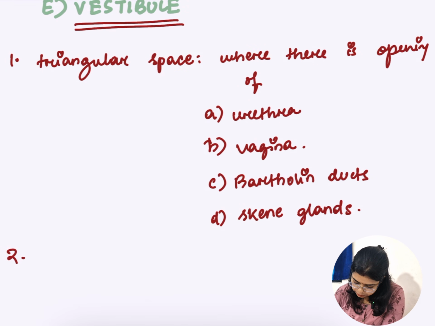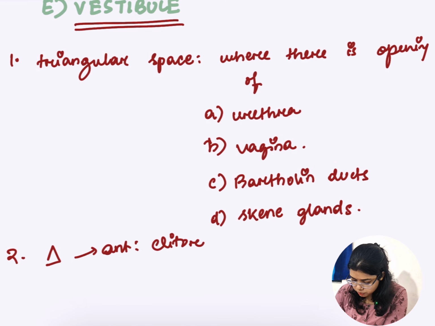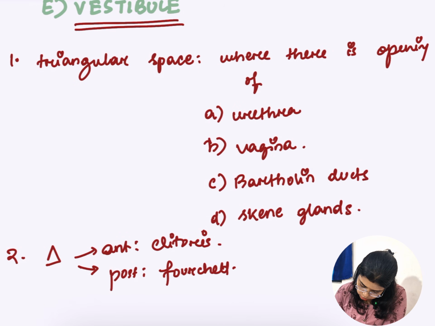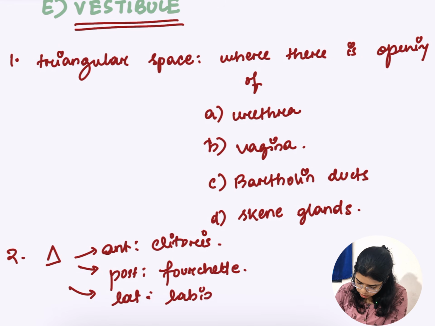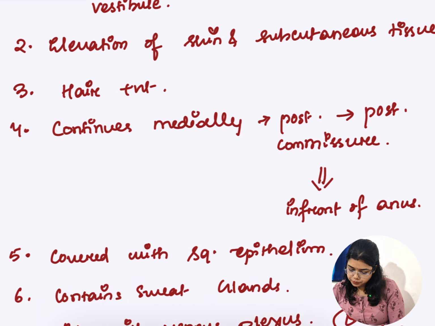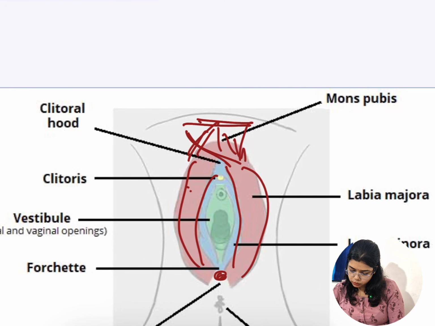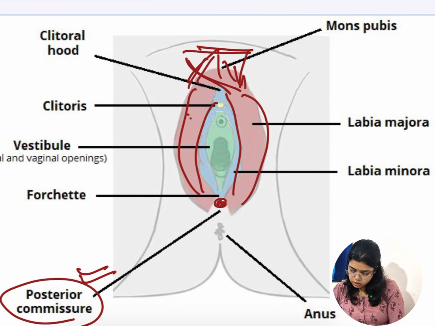Vestibule. This is the vestibule. And also let's see, it is a triangular space, okay. So anteriorly what is present? Clitoris. I will show you in the diagram. Posteriorly what is present? Fourchette. And laterally, labia minora. I will show you. Wait, I am showing you. Here, this is the vestibule, okay.